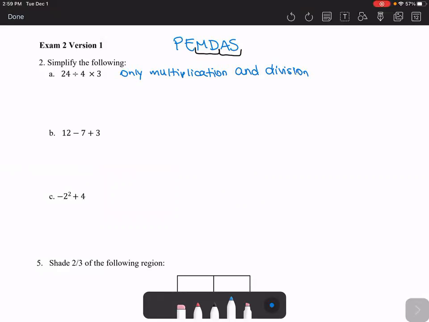So that means we're just going to go left to right. If we go left to right, we do division first. Starting by dividing 24 by 4, we get 6. And then we multiply by 3 to get 18. That's all you do.